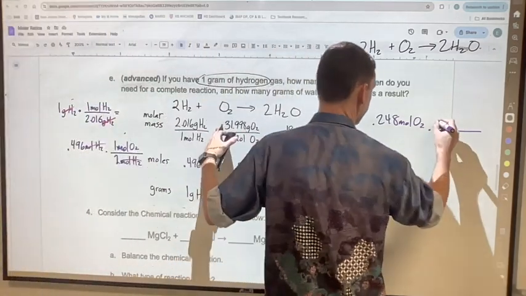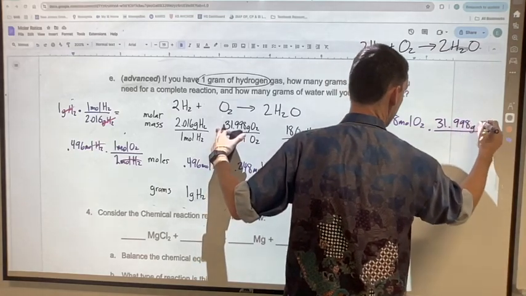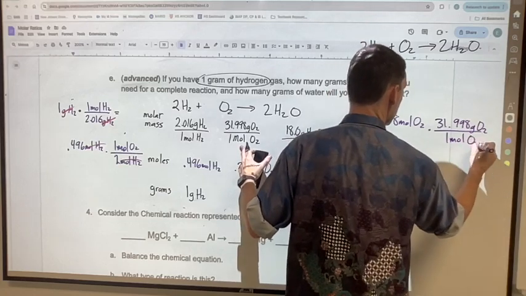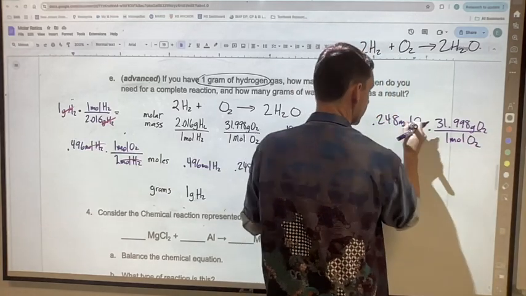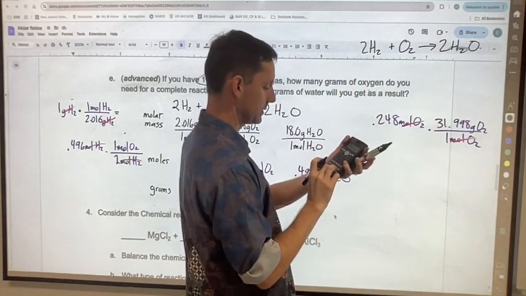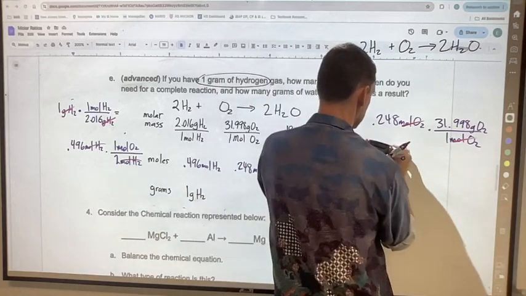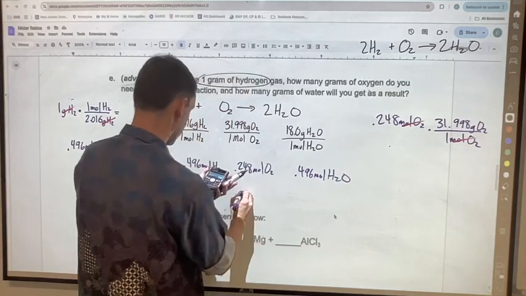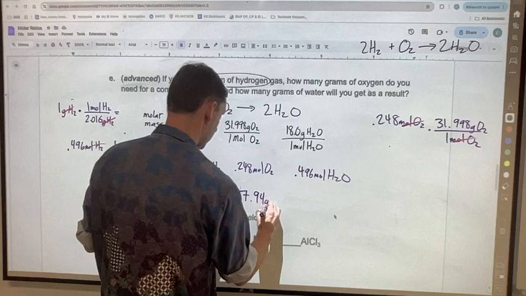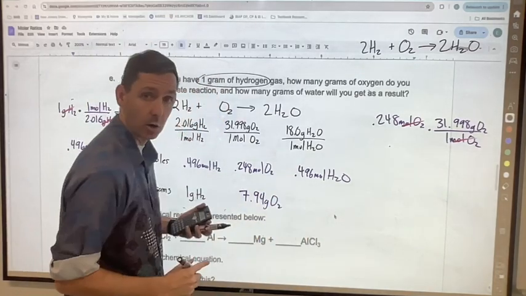So 31.998 grams of O2 is 1 mole of O2. So the moles of O2 cancels out. So it'll be 0.248 times 31.998. And I get, that's the O2 here. So that is 7.94 grams of O2.